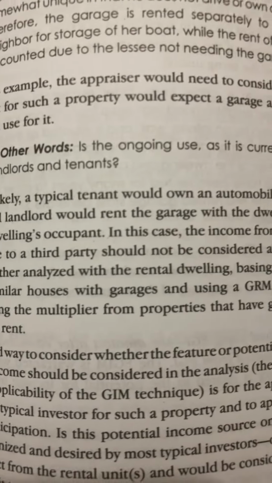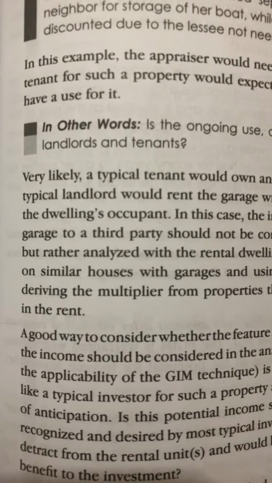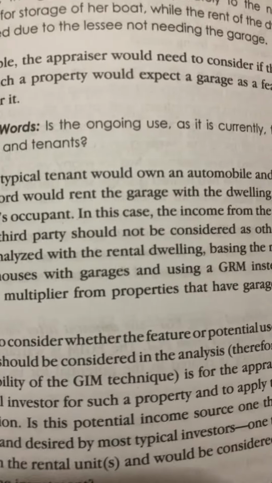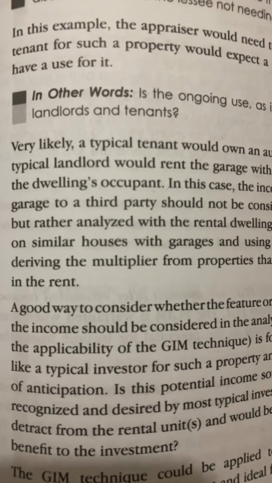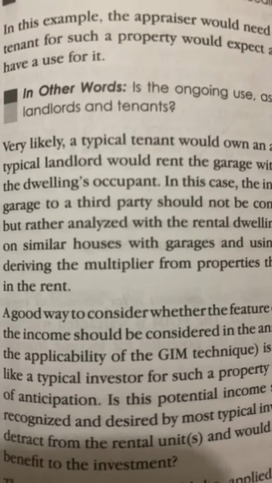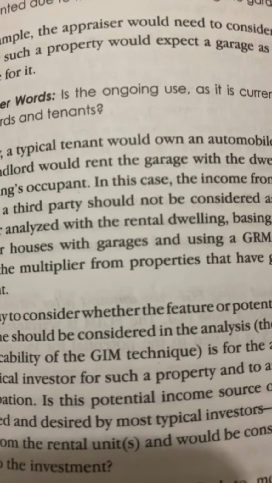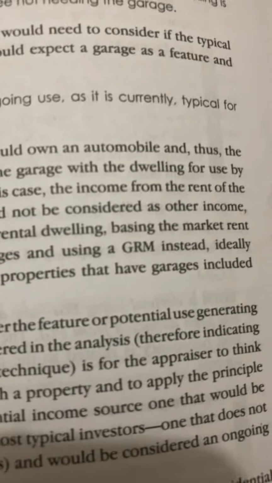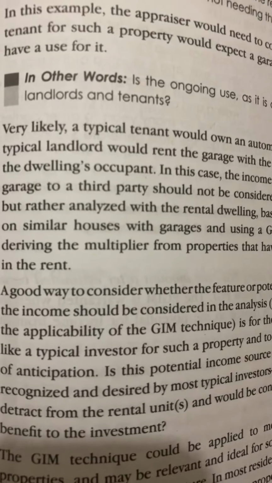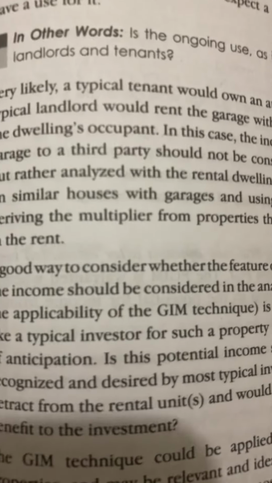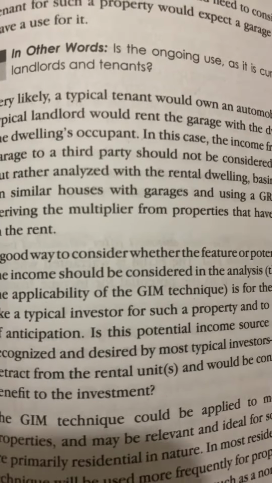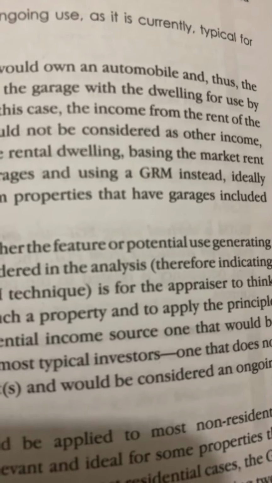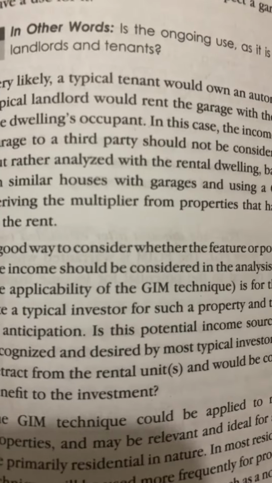In this example, the appraiser would need to consider if the typical tenant for such a property would expect a garage as a feature or have a use for it. In other words, is the ongoing use as it is currently typical for landlords and tenants? Very likely, a typical tenant would own an automobile, and thus the typical landlord would rent the garage with the dwelling for use by the dwelling's occupant.